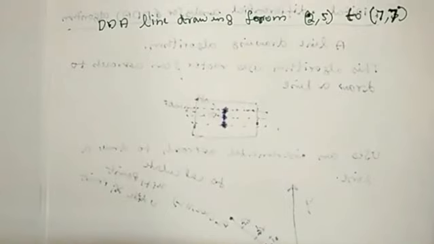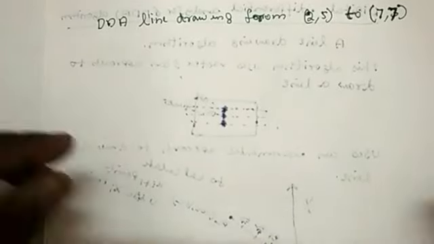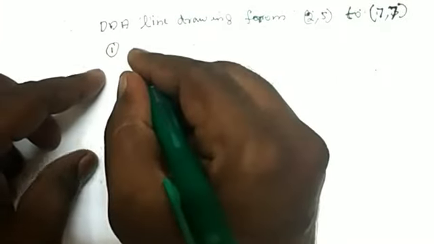Welcome back again. Now we will use an algorithm to draw a line from 2, 5 to 7, 7. To draw a line, first you have to calculate the value of m.